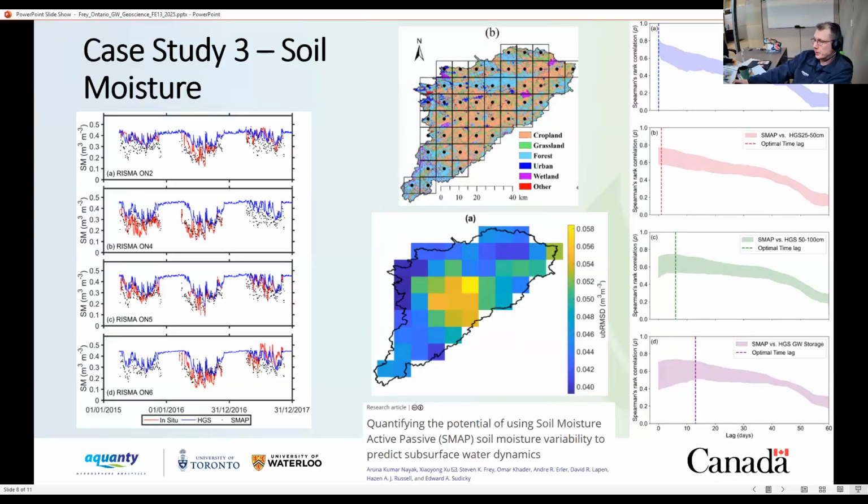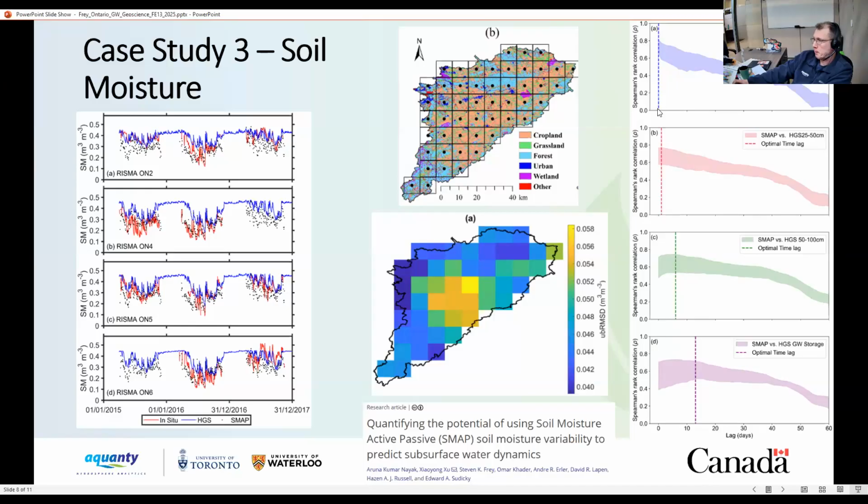And from that correlation and the prediction of water storage changes in HydroGeoSphere, we were able to determine the latency between soil moisture fluctuations that were observed in SMAP and the water storage changes observed in HydroGeoSphere.